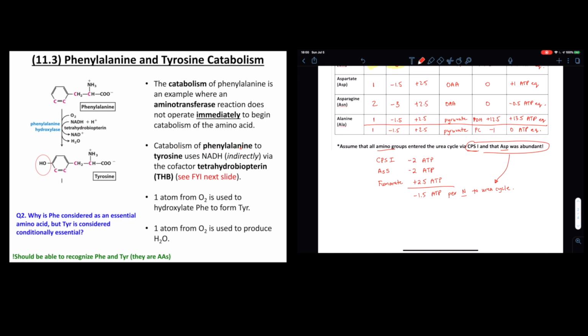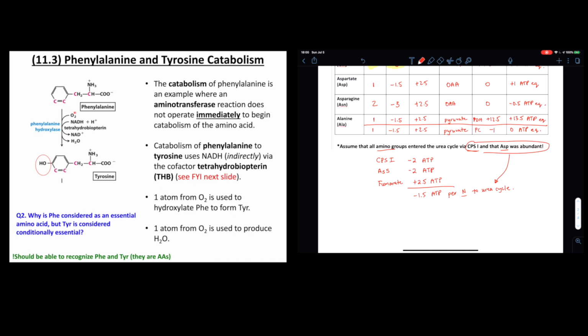Catabolism of phenylalanine to tyrosine uses NADH, and it's going to be done indirectly through this cofactor that's called tetrahydrobiopterin, okay, which is THB. So you can think of this enzyme though as just using NADH. That's fine, but it does use the help of this THB there. And we'll notice that we also have to hydroxylate this ring.